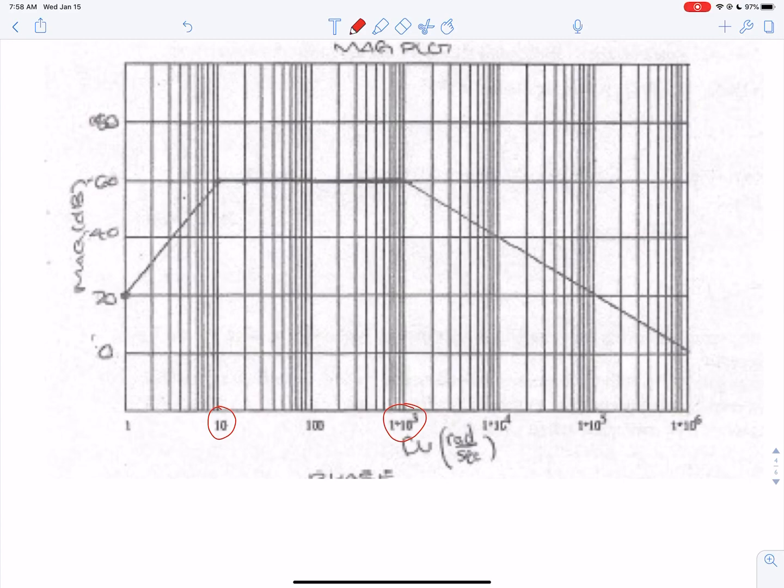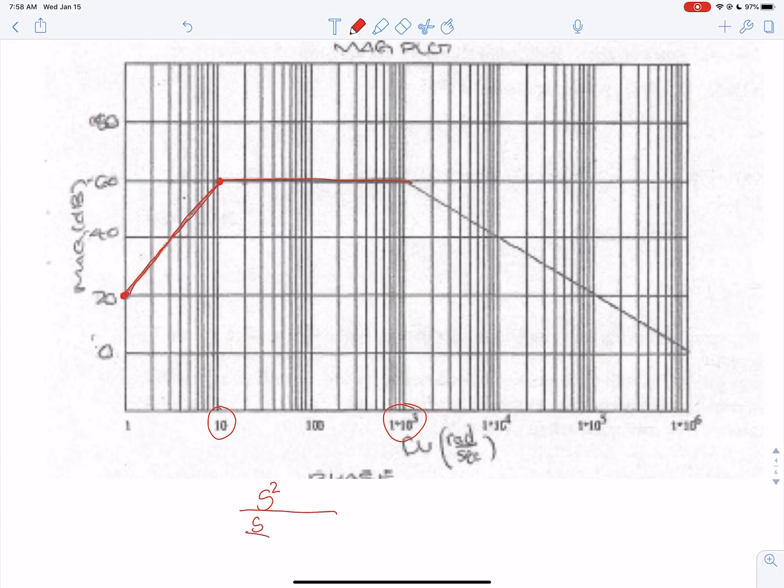So on this one, we go from 20 to 60, and so that is an increase of 40. So instead of 20, we have 2 poles or 2 zeros at the origin, and then we go flat, which means there's a change of minus 40, which is going to be 2 poles.